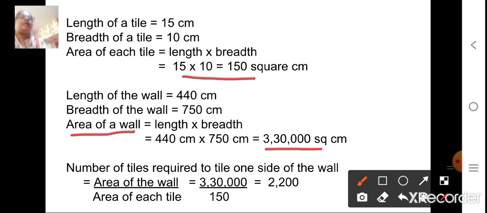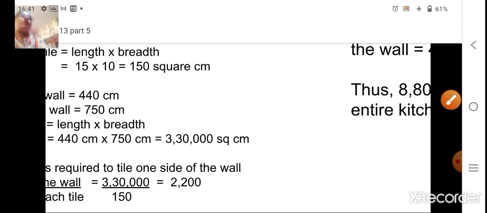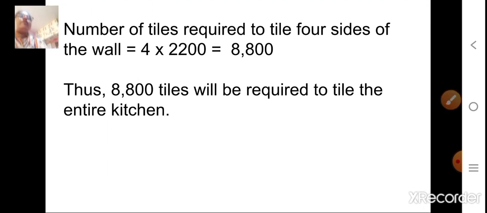We divided area of the wall by the area of each tile. As this 0 gets cancelled, 33,000 divided by 15 gives you 2,200 tiles required to tile one side of the wall.